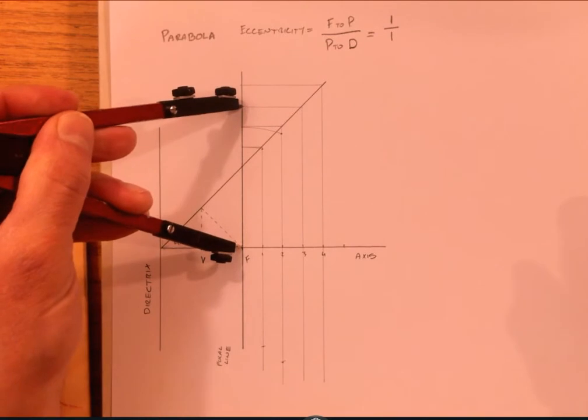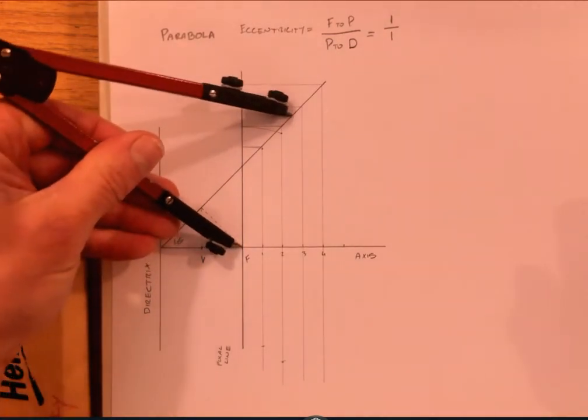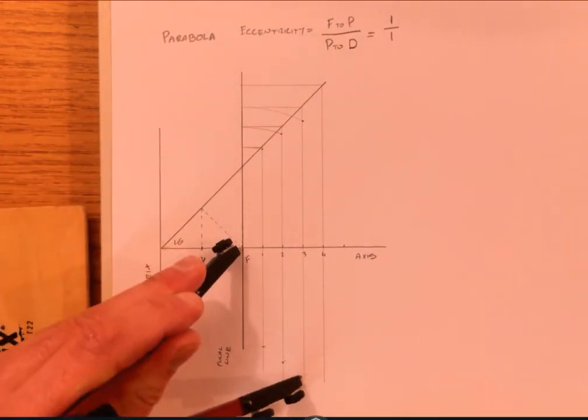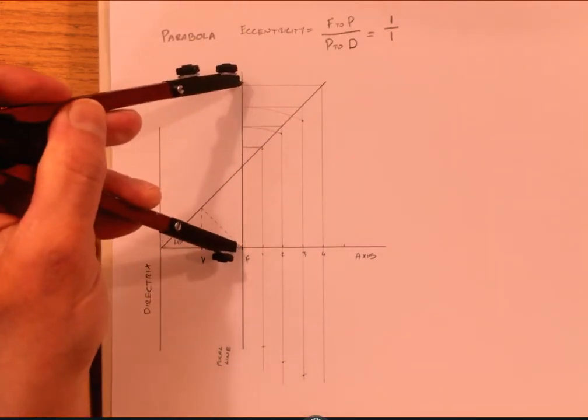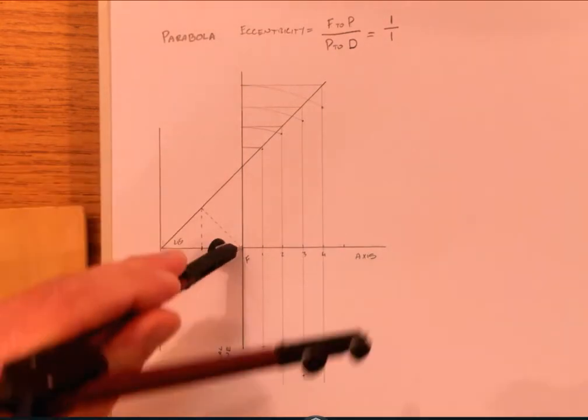Number 3, swing it out and below the line. And then we have number 4, and again swing it out and do the same below.